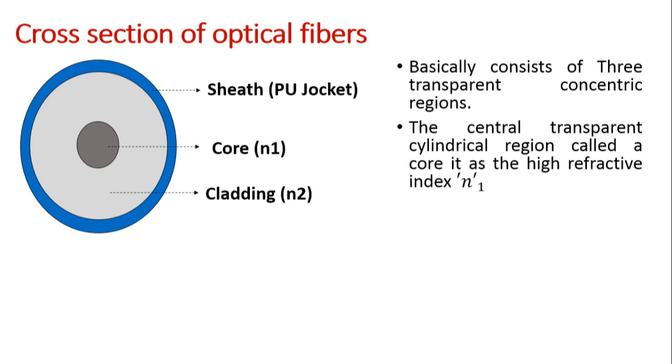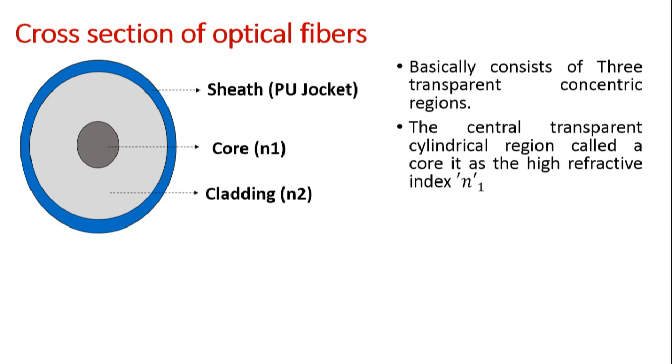It is a little bit higher than the refractive index of the cladding. The cladding is a surrounding transparent region. The core is surrounded by the cladding, whose refractive index is N2. N2 is slightly lower than N1. Such a configuration is used.